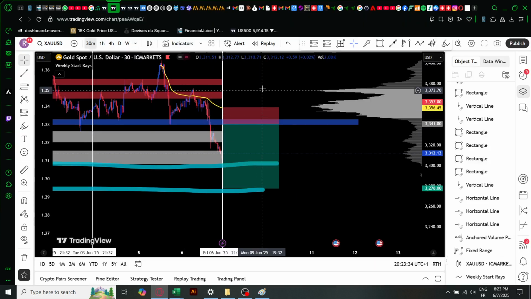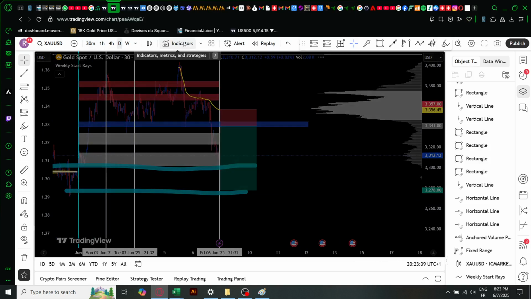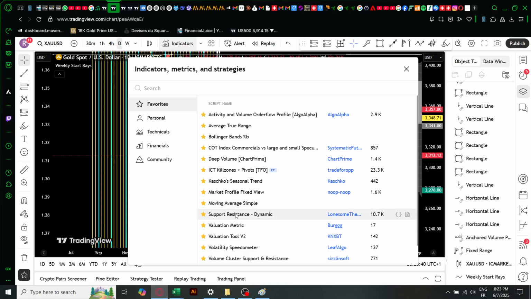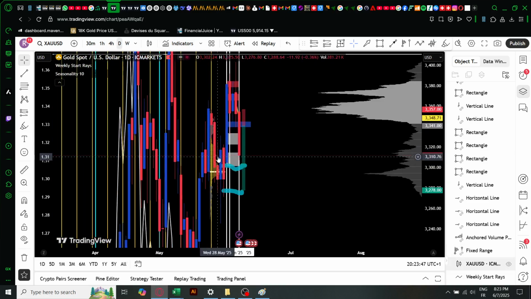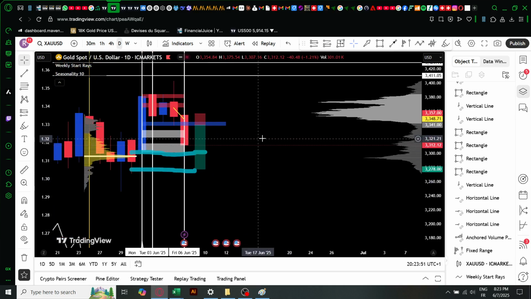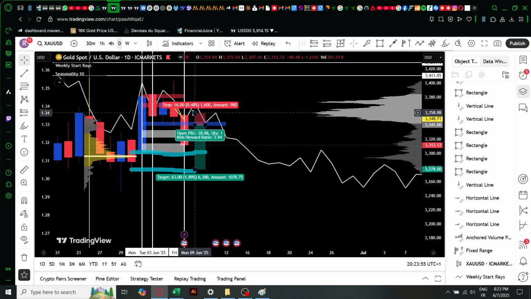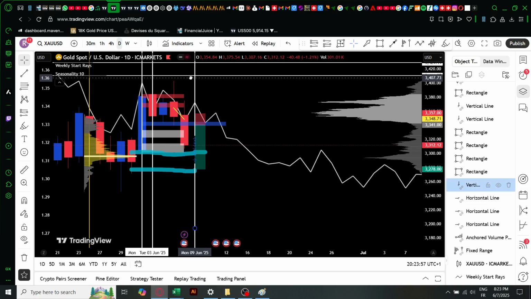I have it over here. So anyway, for the gold, the same idea. If I go to the daily and I use my seasonality, you can clearly see that from Monday, let me move this here.